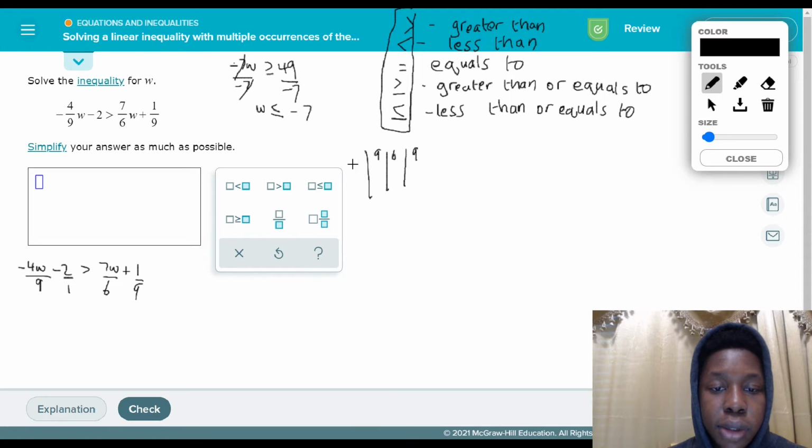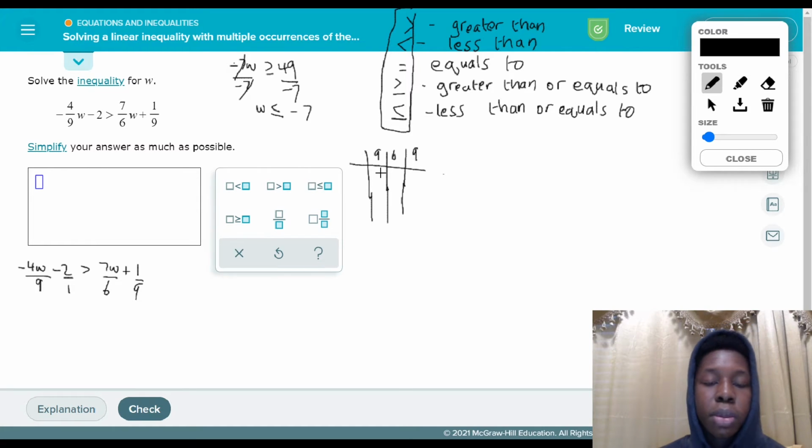First I ask myself, what number can divide these numbers? What's the first number that comes to mind when you want to divide 9 and 6, or 9 again? Should be 3, right? Because 3 is a factor of 9 and 6. So let's put that here. That's 3. When we divide 9 by 3, we get 3, and when we divide 6 by 3, we get 2.